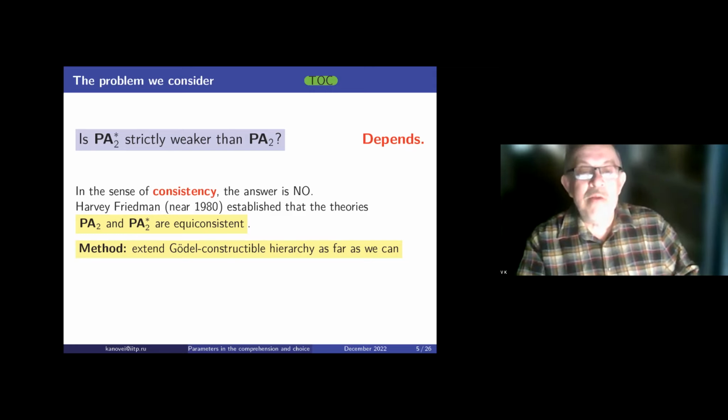But anyway, this is a parameter-free definable construction, and we prove the full comprehension inside it. Well, because it happens that all elements of this construction are parameter-free definable. So all parameters are just eliminated.